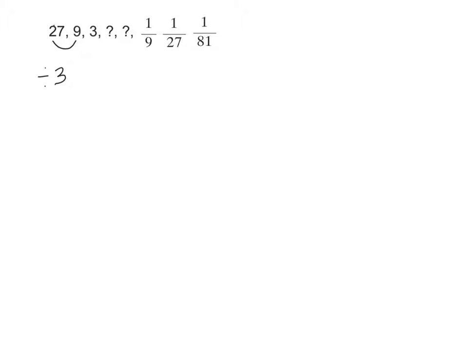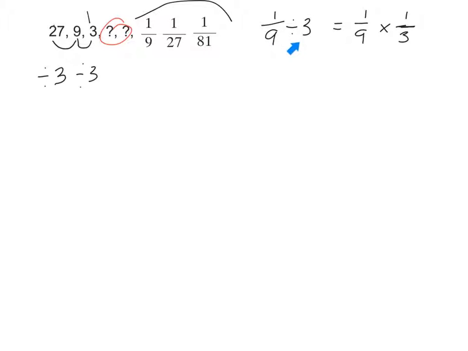Let's look at my next bridge. 9 to 3. Well, I also know that 9 divided by 3 will give me 3. Before I go ahead and solve for these missing values, let's look at my tiny fractions on this end. I know that multiplying and dividing by fractions are related, and I need to remember that when I divide a fraction, it's the same thing as multiplying by the inverse.